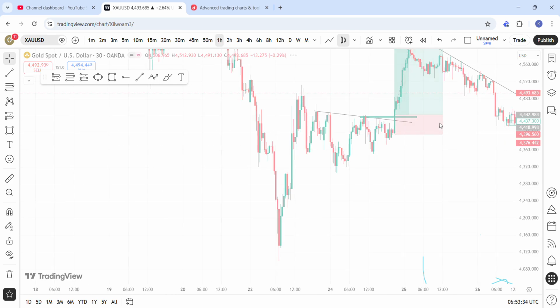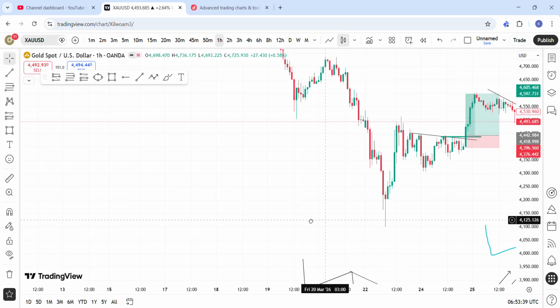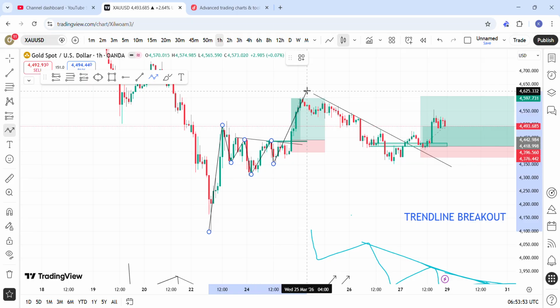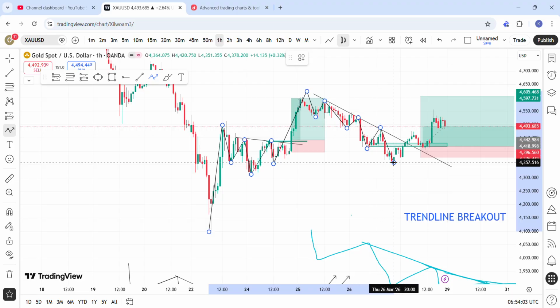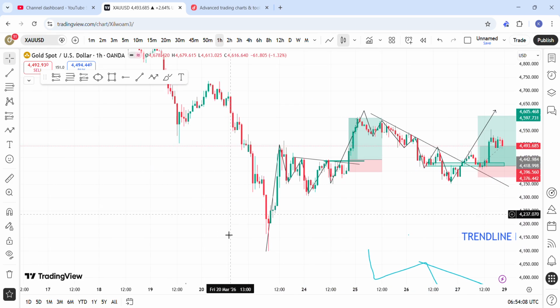I showed you this. This was a clear movement from this. Impulsive. See the retracement, minor downtrend. Then another impulsive, minor downtrend. Then another impulsive. So let me keep showing you more examples.